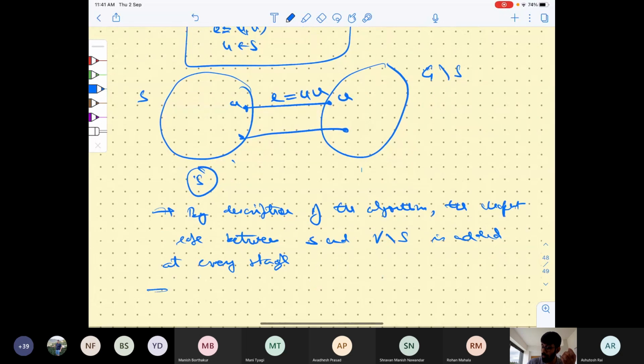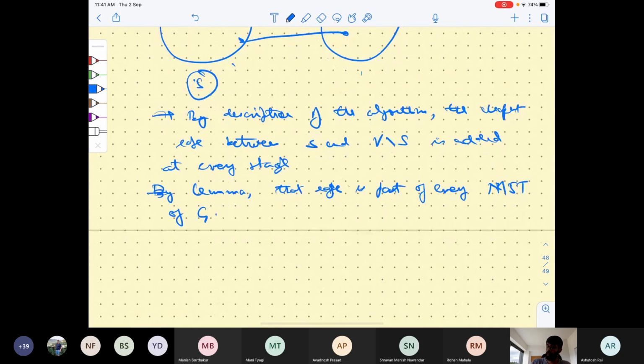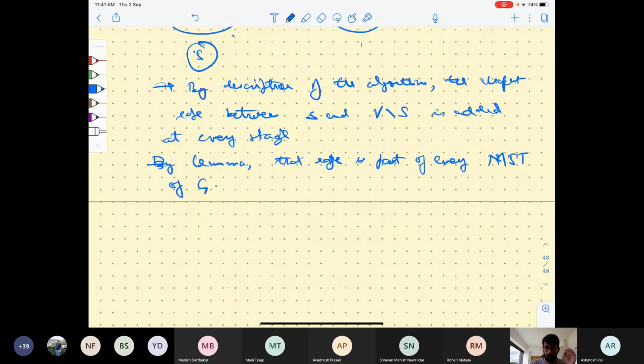And by the lemma, that edge is part of every minimum spanning tree of G. Okay. Now, but we still need to show one thing, that this is connected.